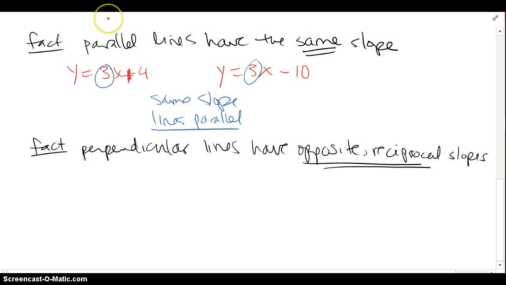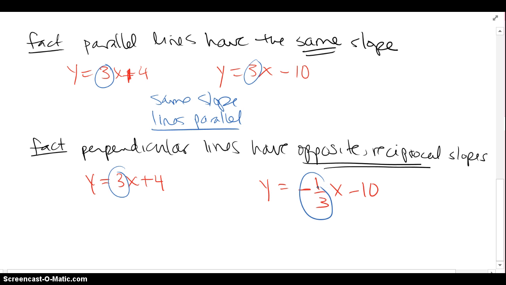Whereas if I have two lines that have opposite reciprocal slopes, for example, y equals 3x plus 4 is one of them, and for the other, make the 3 opposite, so that's negative 3, and then also take its reciprocal, so that's y equals negative 1/3 x, let's say minus 10. If we look at the two slopes, this is a positive 3, this is a negative 1/3, and they have opposite reciprocal slopes, which means we're looking at perpendicular lines.